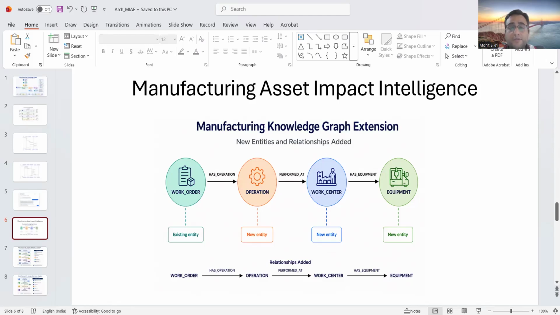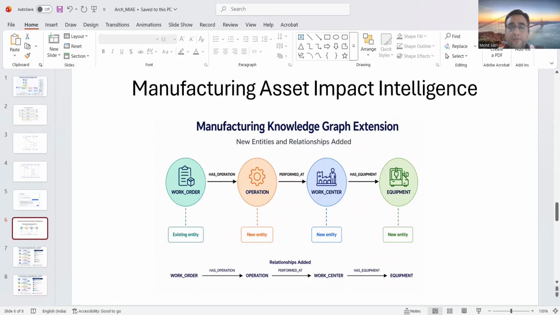That introduces entities like work orders, operations, work centers, and equipment into the existing manufacturing knowledge graph, enabling MIAE to determine how manufacturing assets influence work orders, products, sales orders, customers, and revenue. So this enables organizations to understand, for example, how equipment health affects production.